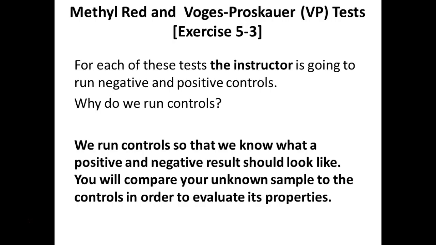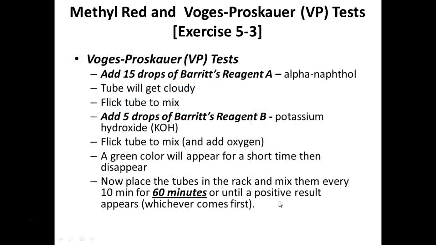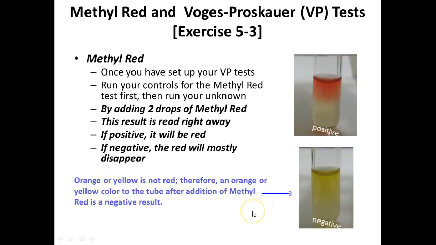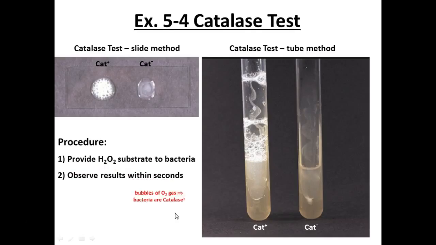What does a negative result look like? What does a positive result look like? So, we followed these steps already. This was my pre-lab, actually. So there's our bubbles of O2 gas from the catalase test.